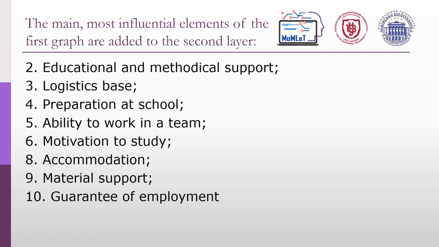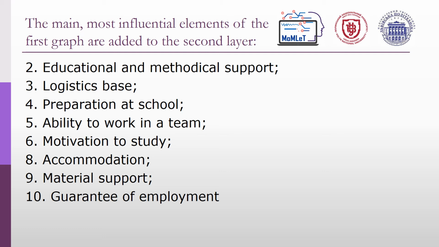The most influential elements of the first graph are added to the second layer: educational and methodical support, logistic base, preparation at school, ability to work in a team, motivation to study, accommodation, material support, guarantee of employment.